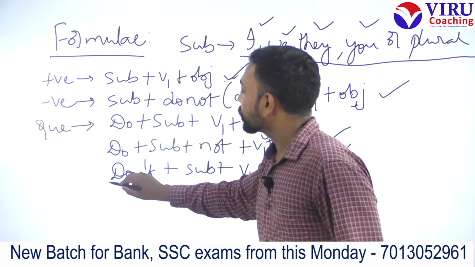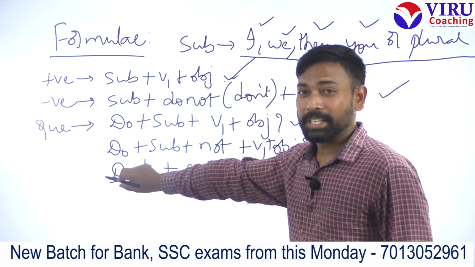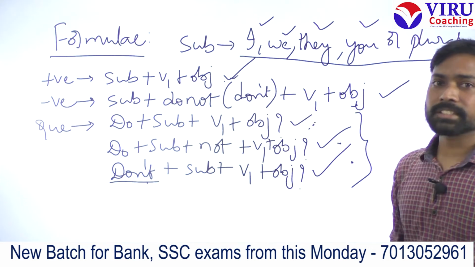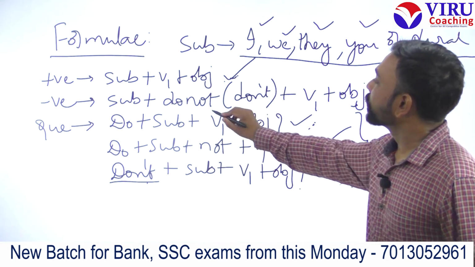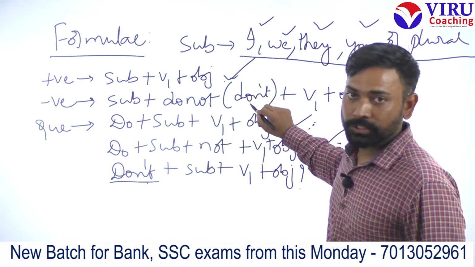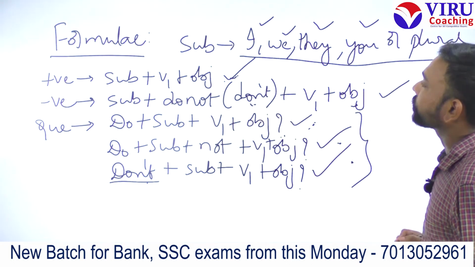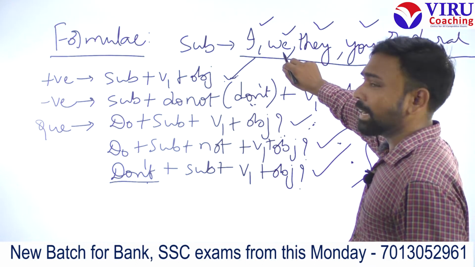So don't is the short form for do not. You will have don't in the beginning of the interrogative sentence. These three are interrogative sentences. You can find a question mark here. So do not, shortcut is don't. You can pick any other subject. We play cricket.